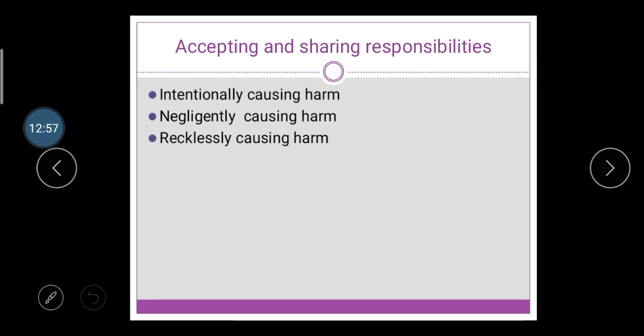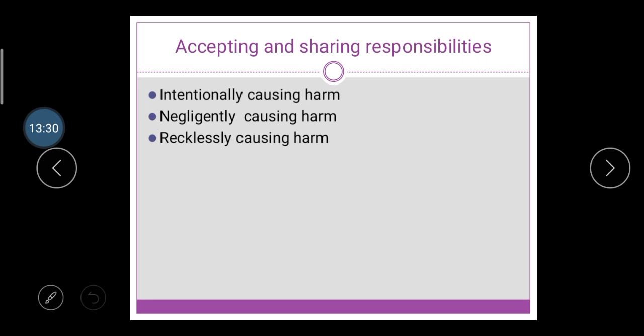Means he or she knows that if I do this work, its effect is harmful for the public, and then he or she does the work. So it's called intentionally causing harm. Then the second one is negligently causing harm. It means the person does not know about the situation, and the work he is doing is harmful for the public, but the engineer does not know and does this type of work, meaning negligent harming.